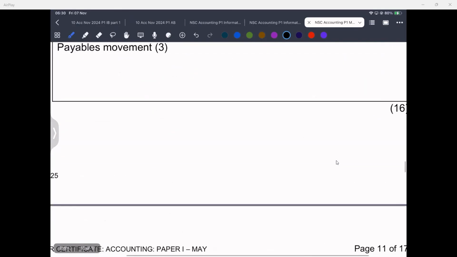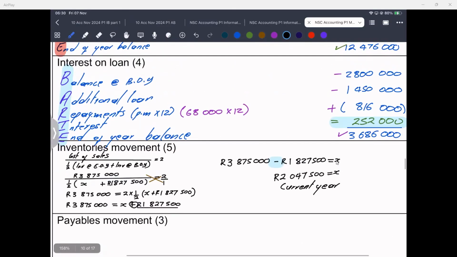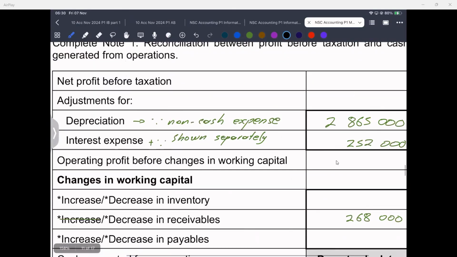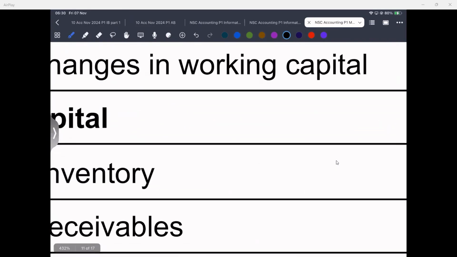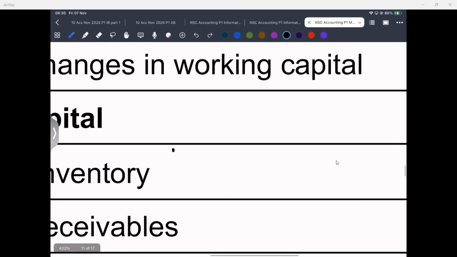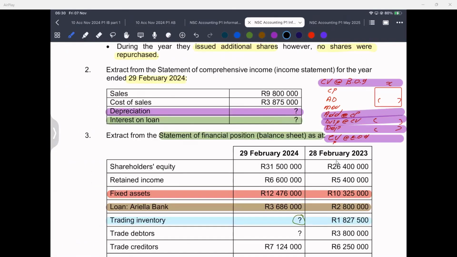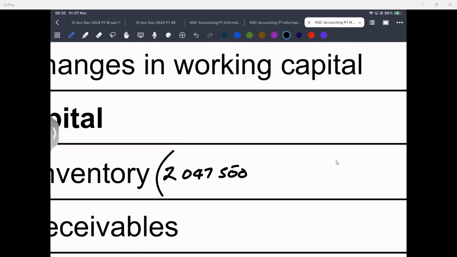So the inventory for the current year will be this amount, 2,047,000, and the one for last year was 1,827,500.